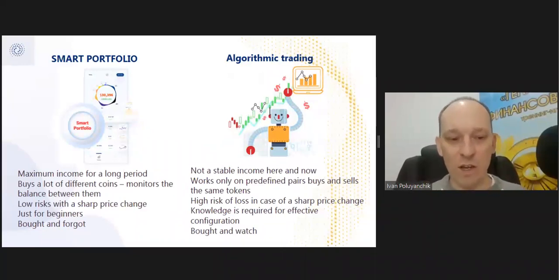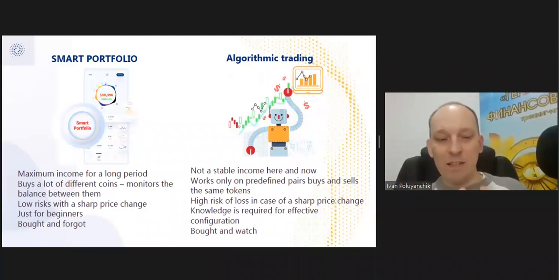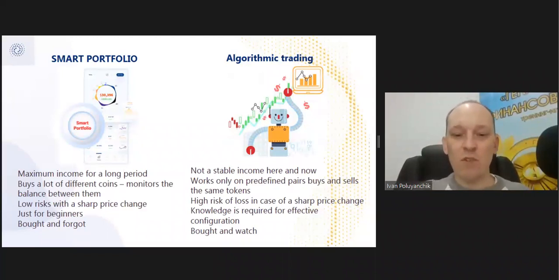A smart portfolio is an optimal ratio between price and quality. So this product is well suited for beginners because it does not really require any specialized knowledge. It does not require you to be tracking the market all the time. The main strategy here is to buy and forget.